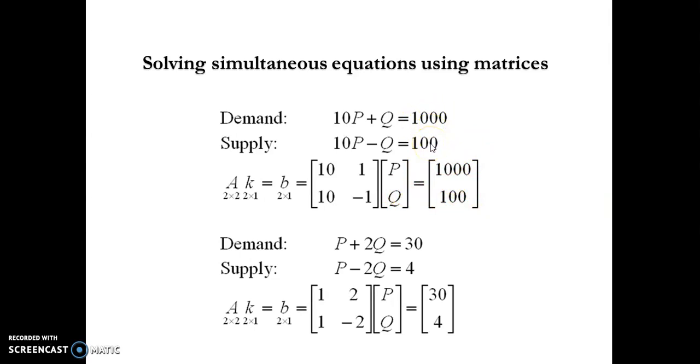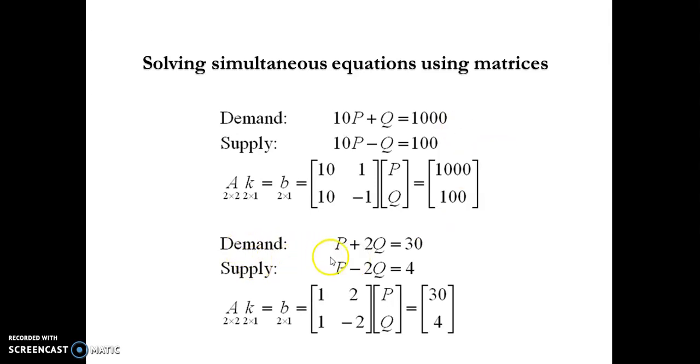Now, it is very important that before you get it into this form, you rearrange it such that your variables line up. You need to ensure that your P's line up with each other, your Q's line up with each other, and on the right-hand side, you just have your constants. If it's not in that form, ensure that you rearrange so that the variables and the constants line up.